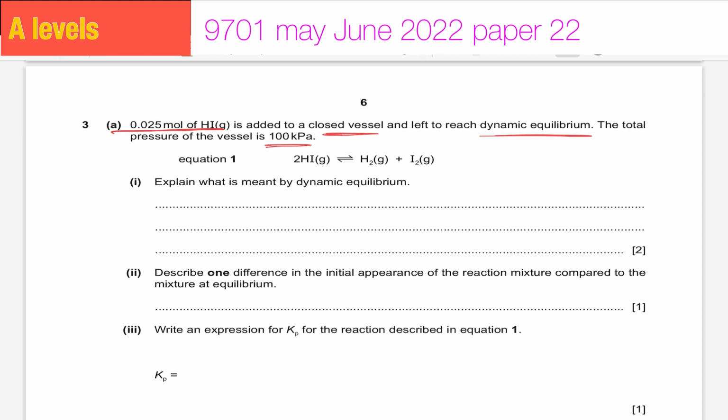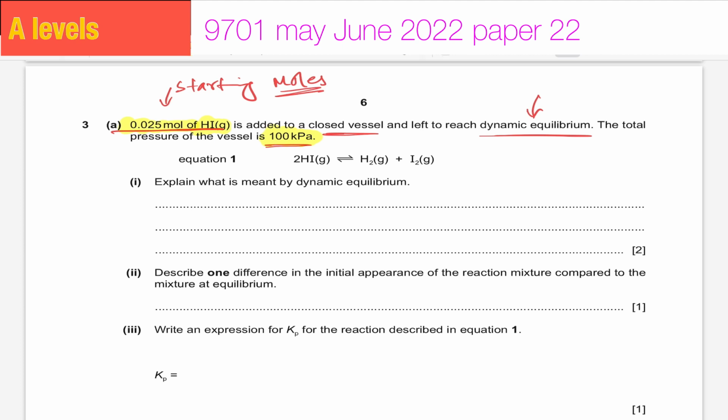They have given us the reactant, hydrogen iodide. The amount of hydrogen iodide is 0.025 mole. Now this is the starting moles when we have started the reaction, and it reaches dynamic equilibrium. Once it reaches equilibrium, the total pressure is 100 kilopascals.